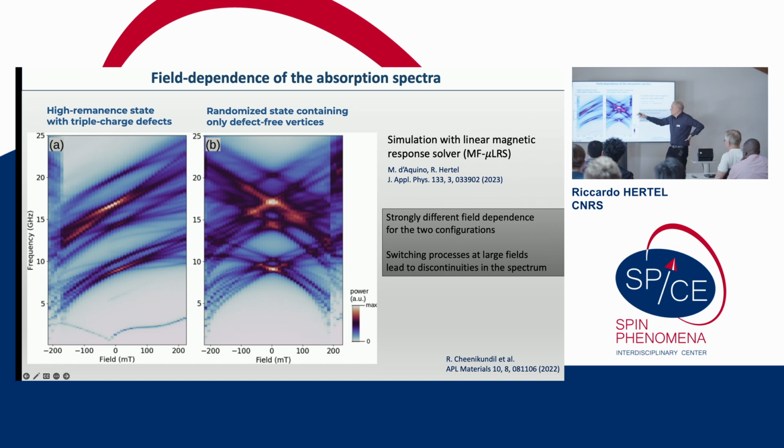And for different configurations, one which is randomized and has no remnant magnetization, the spectrum looks symmetric like this, whereas in the case where we come from saturation and have a preferential direction, the magnetic field is applied either parallel or anti-parallel to this remnant magnetization, and then, until you reach a switching field, you get more or less linear slopes, so some kind of quite different response. And this is typically what experimentalists could measure.